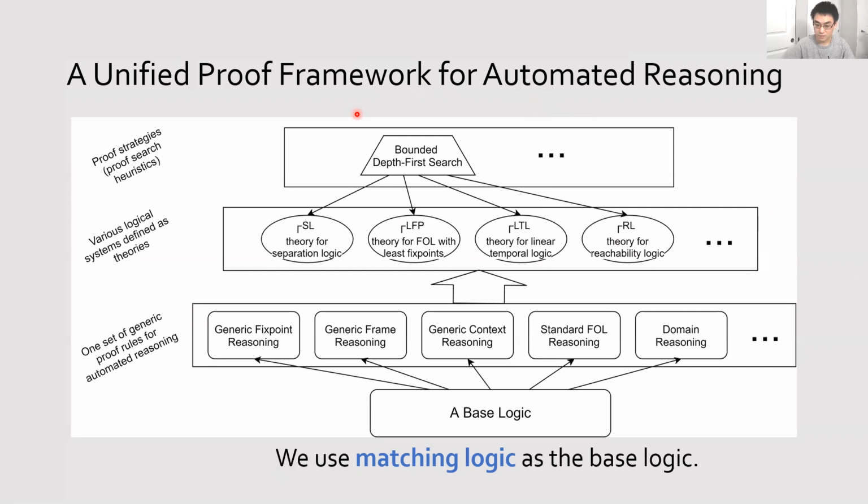These strategies are also generic and can be applied to all the logical theories. A question here is, what base logic should be used in this architecture? In theory, any logic that has the expressiveness to encode other logical systems as theories and has a fixed set of proof rules can be the base logic. And in this work, we choose matching logic.